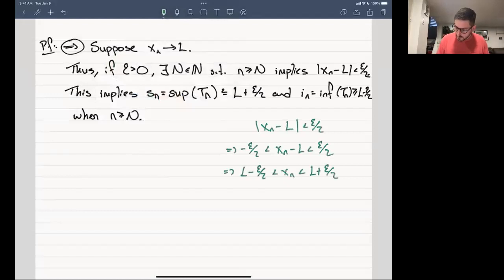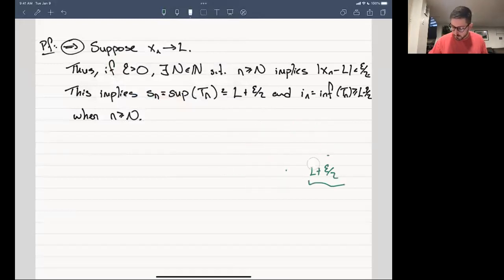And so you can see that L plus epsilon over 2 is an upper bound. That's where I see that my supremum is no bigger than L plus epsilon over 2, because in this case, the supremum is the least upper bound. Similarly, I have a lower bound of L minus epsilon over 2. And that means that my infimum is greater than or equal to L minus epsilon over 2 because it is the greatest lower bound. Okay, so that's where that piece comes from.